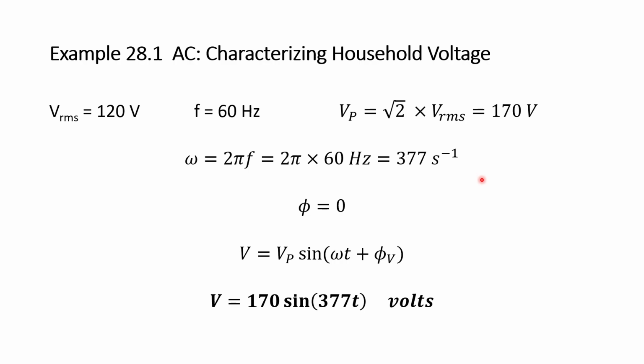So 2 pi times 60 hertz is 377 radians per second. And because it's starting at 0 when time is 0, we're going to say the phase shift is 0. So applying all these quantities into the equation, we get that the voltage is 170 times sine of 377t volts.